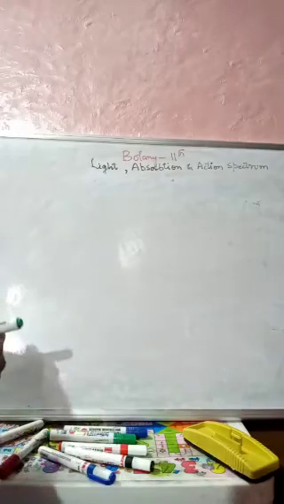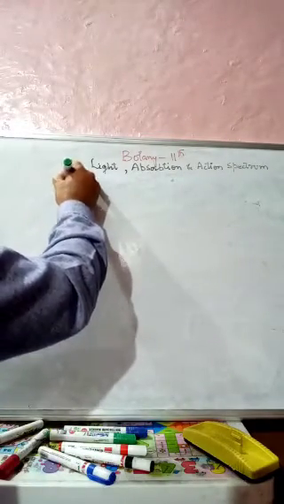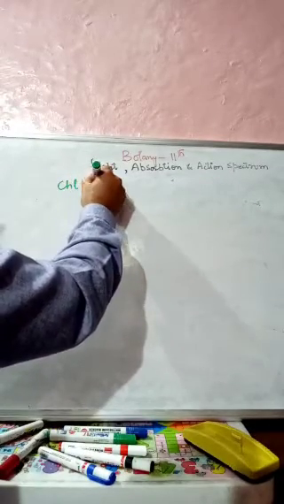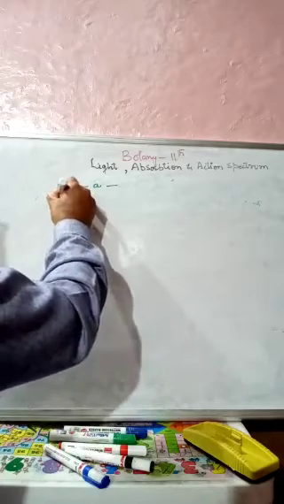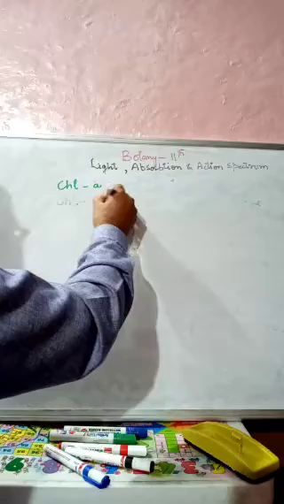We have different pigments. For example, this is chlorophyll A, shown with green color. Then I have one more, that is chlorophyll B, with black color.